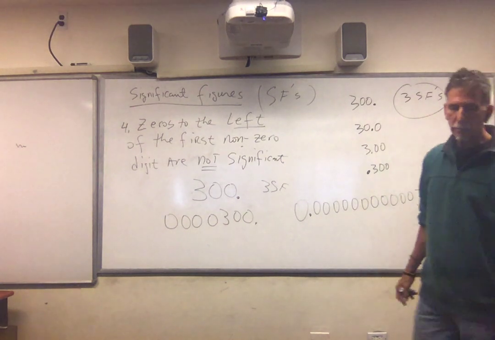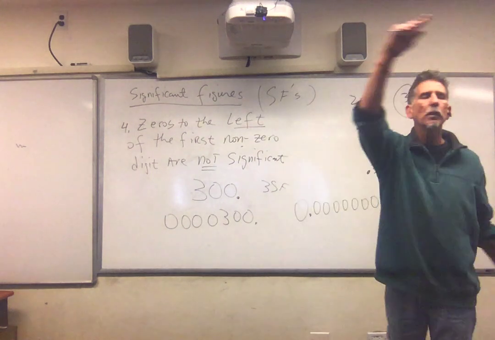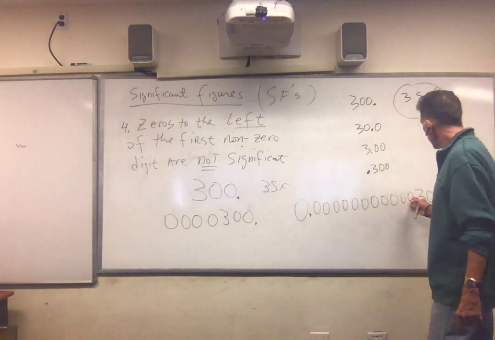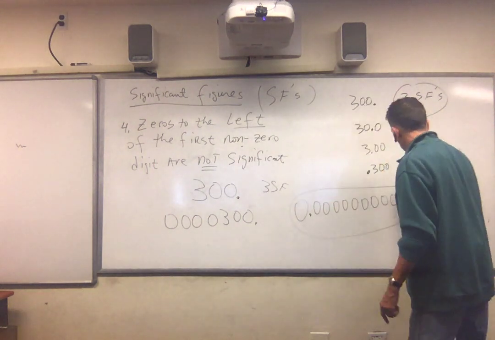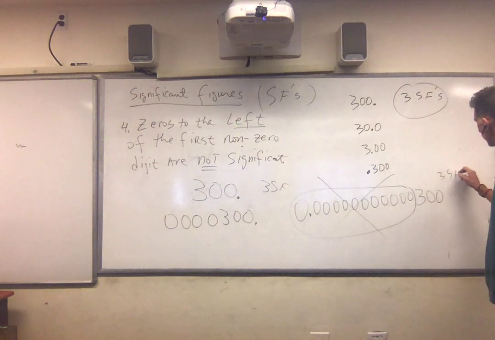Now, how many significant figures? Well, the rule says zeros to the left of the first non-zero digit are not significant. So none of these are significant. We still have 3 significant figures.